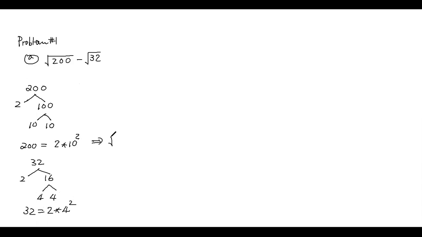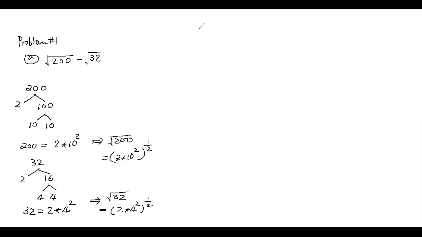The square root of 200 means I have 2 times 10 to the 2, all to the 1/2. The same for the 32, I can write as 2 times 4 to the square, all to the 1/2.